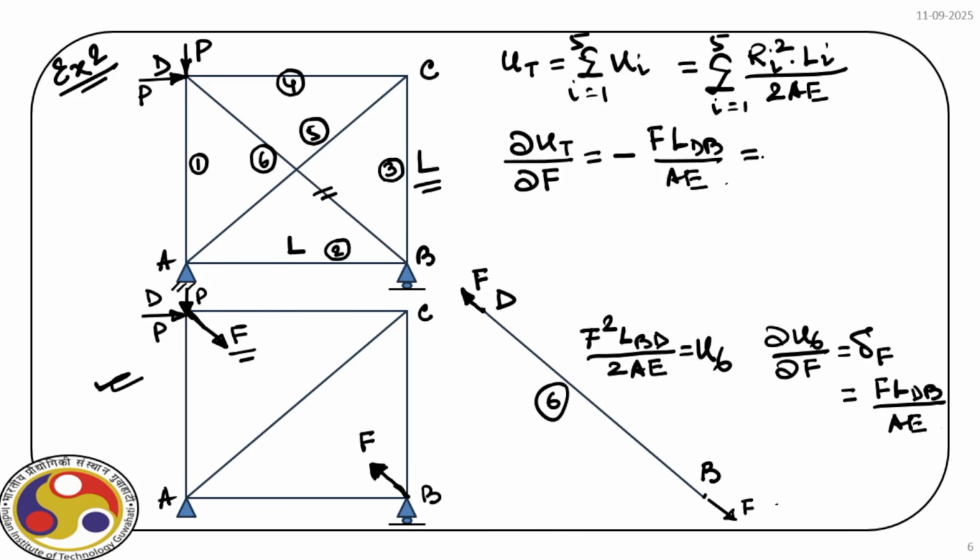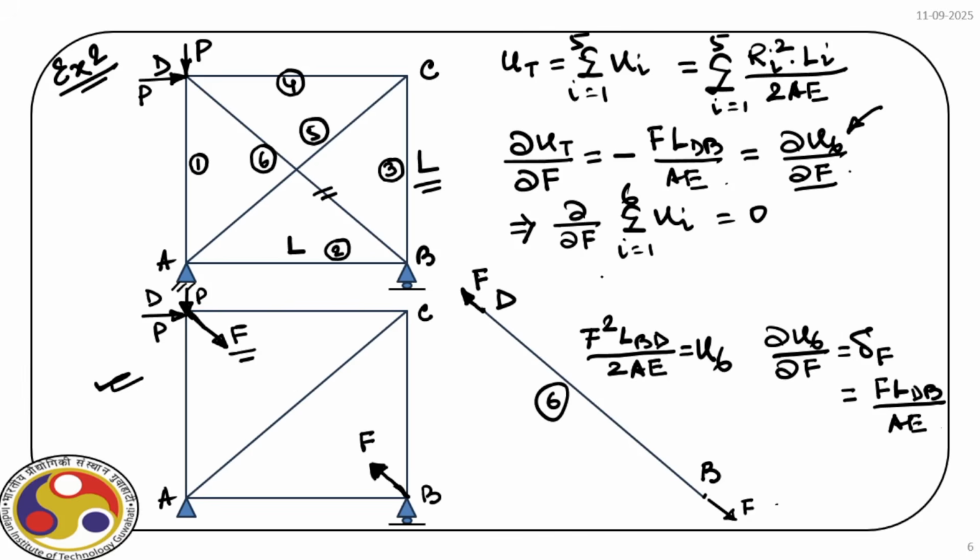So this is equal to differentiate U6 with respect to F. Now, if we take this on the left hand side, what we have is summation of Ui, i ranging from 1 to 6, because this is the sixth member that we have removed, right, is equal to 0.